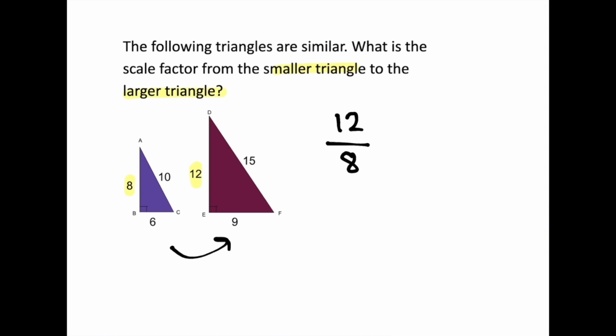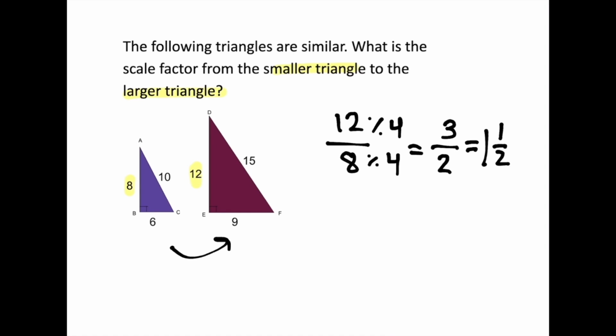That's 8. The next step is to simplify. We can divide a 4 out of both numbers. 12 divided by 4 is 3, and 8 divided by 4 is 2. 3 over 2 is an improper fraction. Let's make that a mixed number. That's 1.5. So the triangle's scale factor is 1.5.